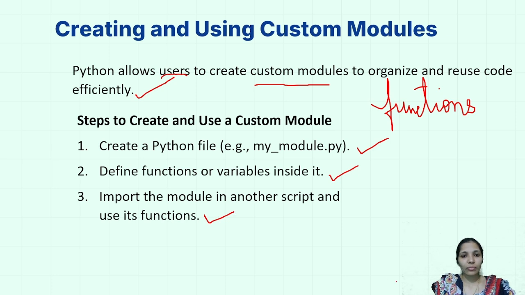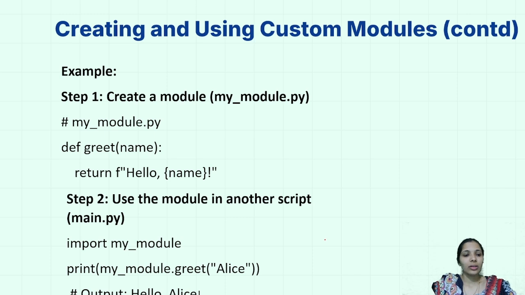So let's create and use the custom modules. In order to create, first we need to create our module, which is nothing but a file in Python. Here I have created my_module.py, where my_module is the name of my file with the .py extension. I'm saving it.